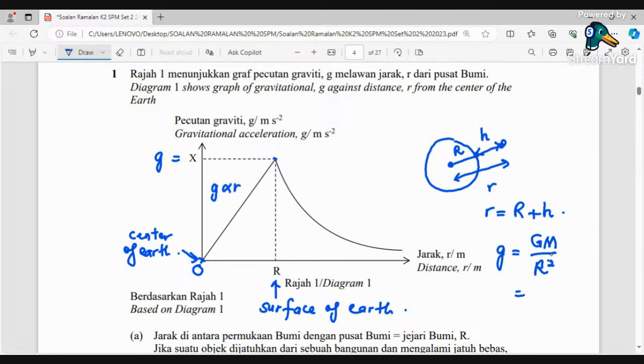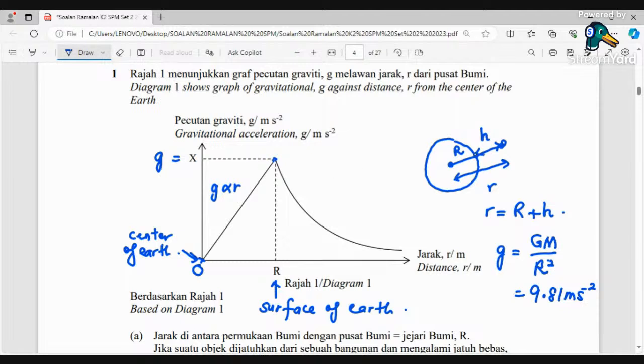If you substitute the value of G, the universal gravitational constant, the mass of Earth and the radius of Earth, you will get 9.81 m s^-2. So at the surface is 9.81 m s^-2.